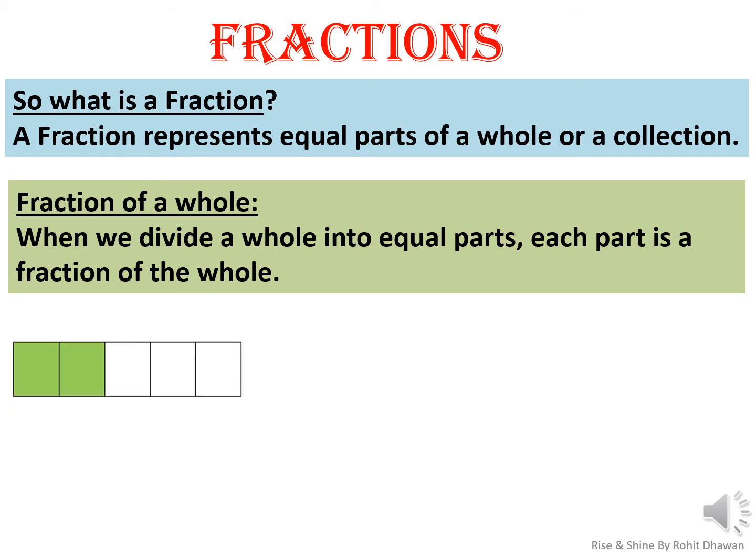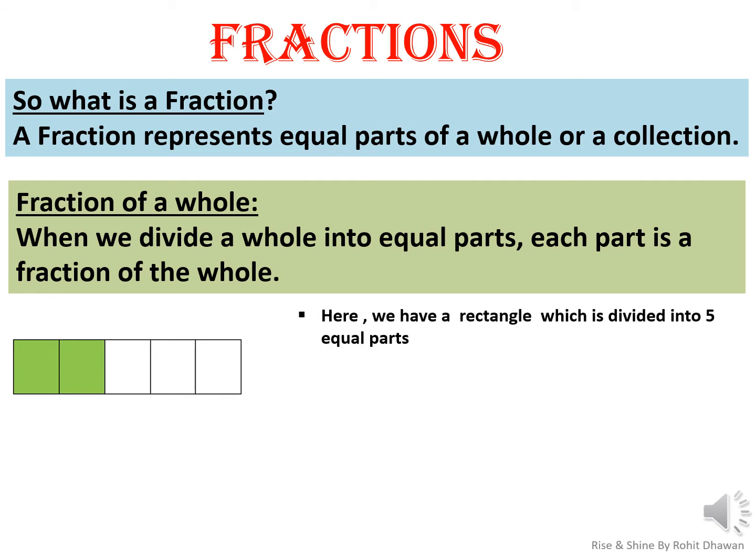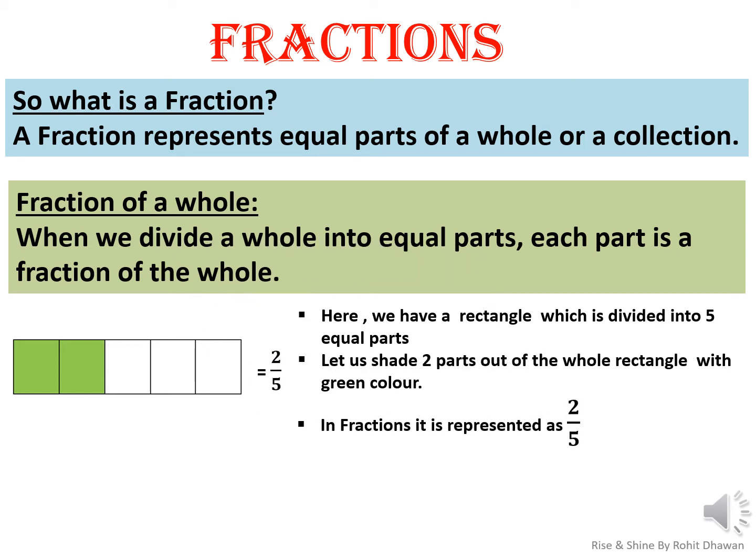Let us understand this with an example. Here we have a rectangle which is divided into 5 equal parts. Now let us shade two parts of this whole rectangle with green color. Can you guess how we will represent this? Since we have shaded only two parts out of the total 5 parts with green color, in fractions it will be represented as 2 by 5.